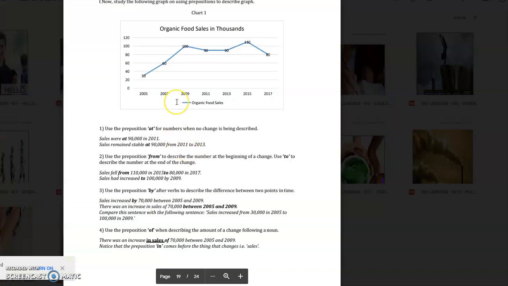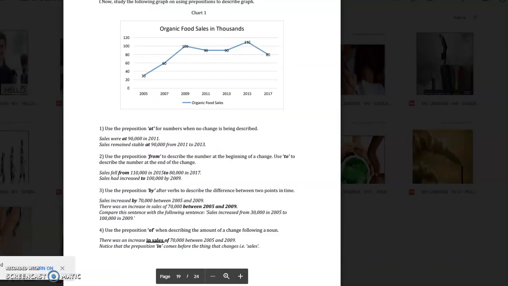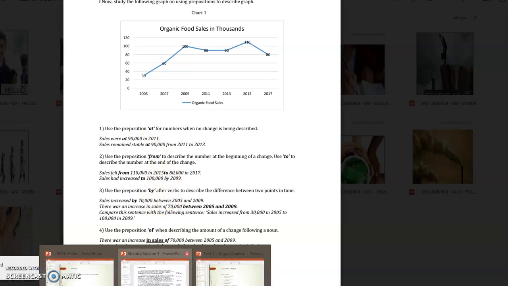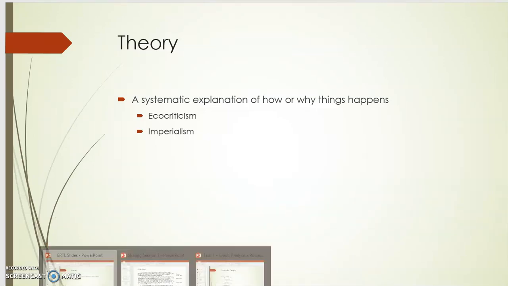Okay, so look back at the note that I gave you, the link that I gave you on Google Classroom, which is this one, and then find week 3, okay, and then you will find a note on preposition of at, from, by, and also of. Okay, and then from slide.